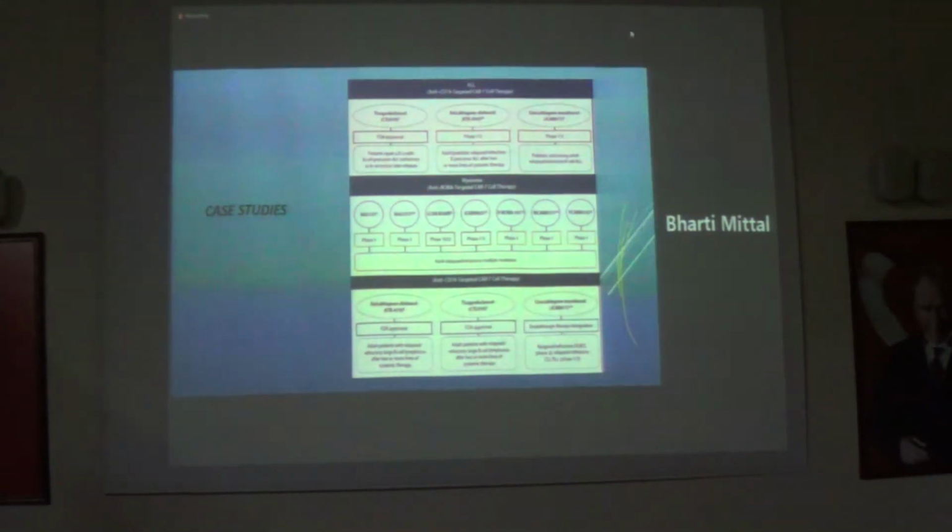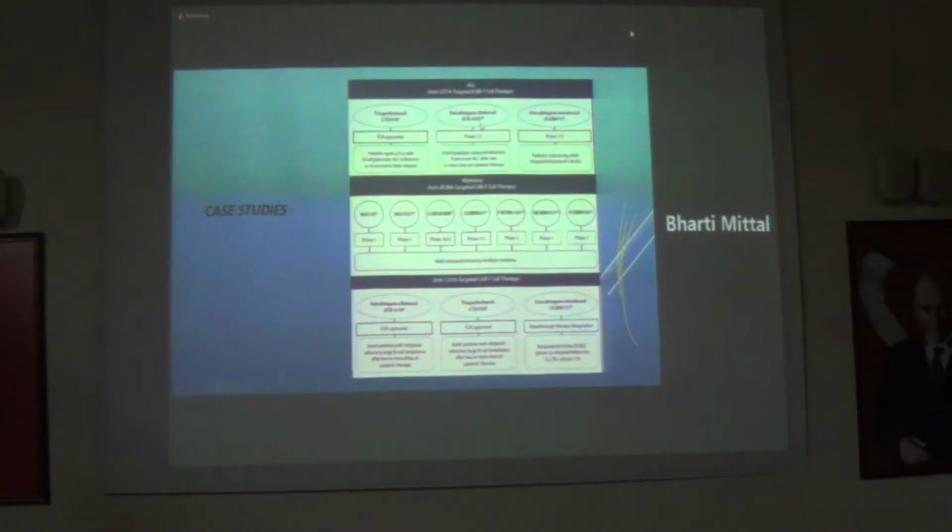For a few, the trials are over, but the reports are awaited. In the case of ALL, CD19 therapy is already available, and CTL019 is a CAR cell developed by Novartis, FDA approved for refractory ALL patients. The patient's age should be less than 25 with B cell precursor ALL, refractory or in second or later relapse.